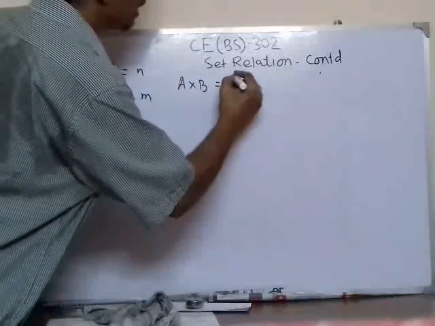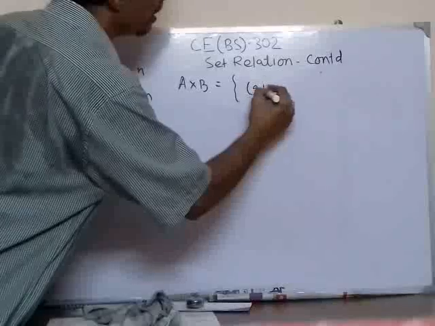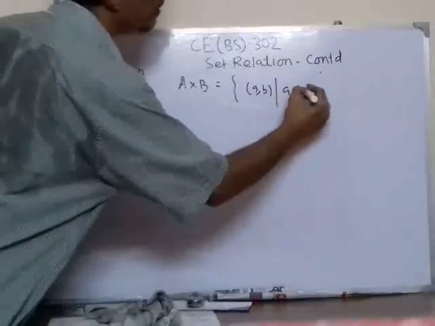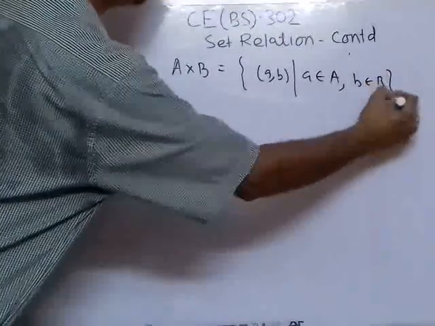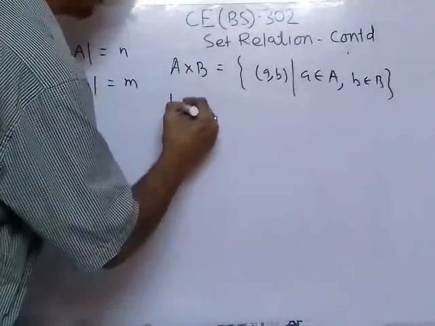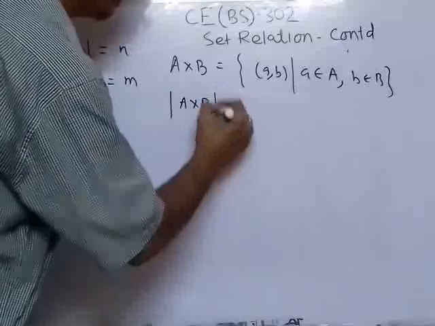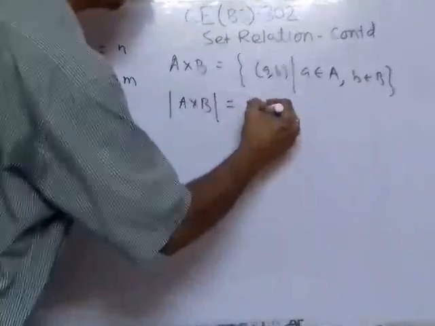This set will look like (a, b), where a belongs to A and b belongs to B, and the measure of A cross B is equal to m into n.